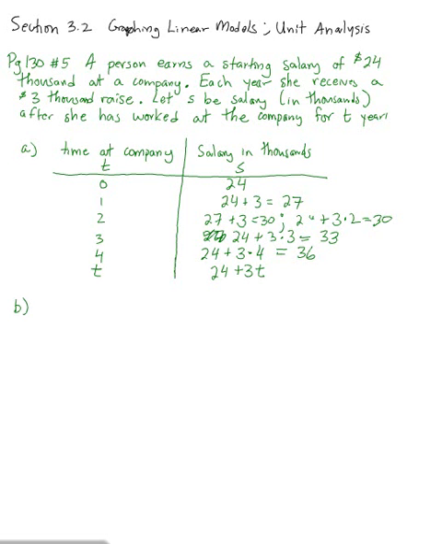Okay, and then it asks us to do Part B. Part B says, perform a unit analysis. All right, so what do we have? We have S. Here's our formula. S equals 24 plus 3 times T. So the S here on the left-hand side, that's salary.